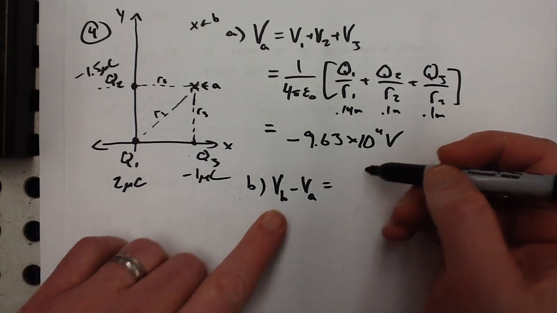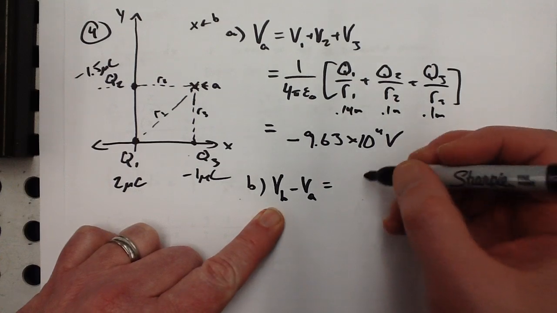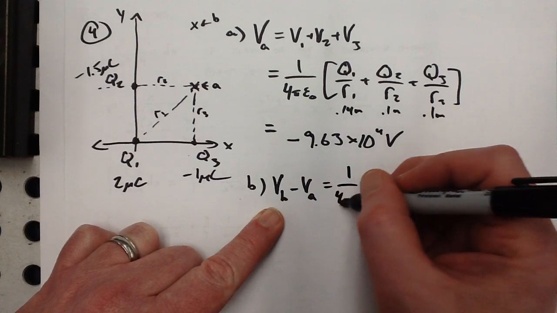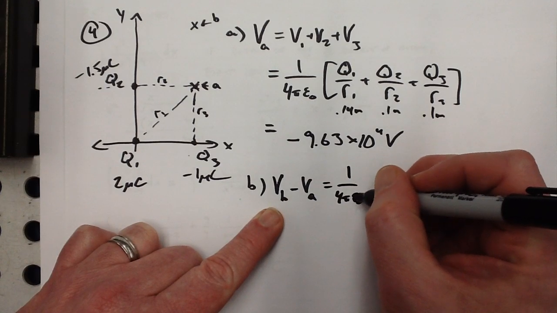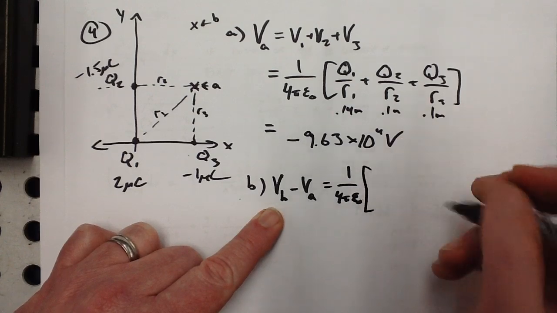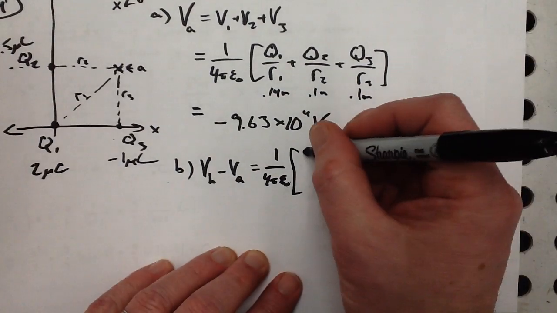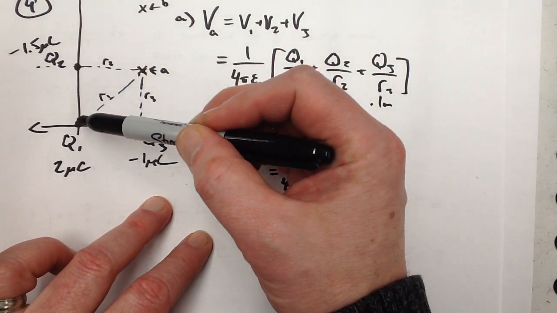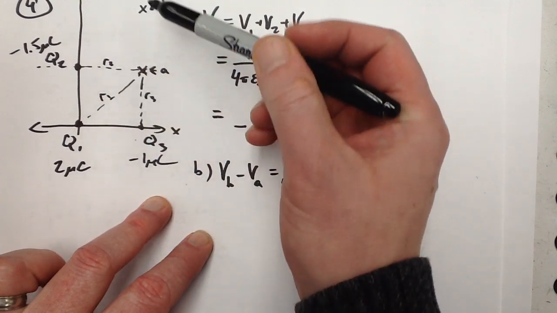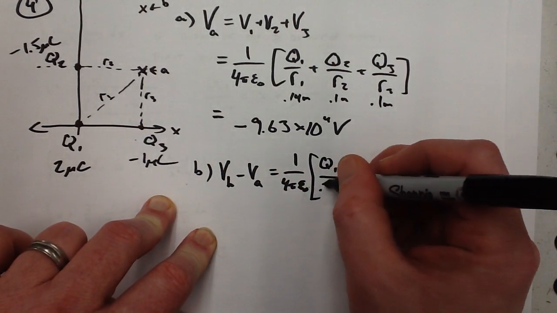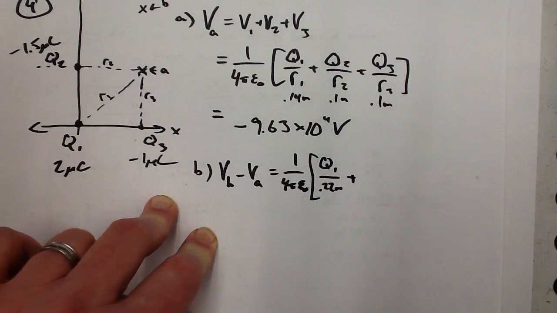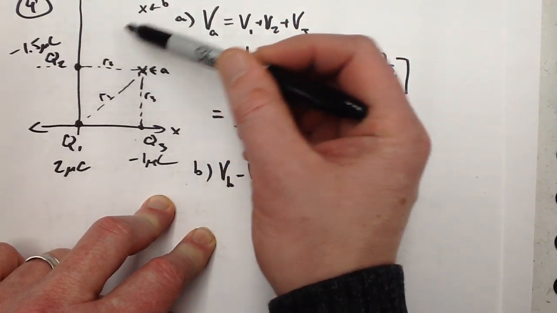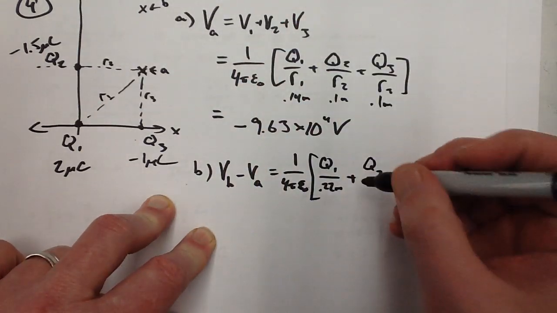So setting that up just like I did here, I'm going to go ahead and write that out just so we can make sure we get the R's right. So it's 1 over 4 pi epsilon sub 0, and we'll have Q1 over R1, now is going to be the distance from here to this. So a little bit of Pythagorean theorem there should get you 0.22 meters. And then Q2 from this new location is that diagonal across that square.